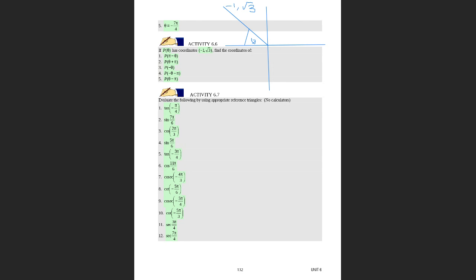Now they are looking for theta plus pi. Theta plus pi simply means that you are adding 180. So this graph is going to rotate 180, and it will come here. So this line is going to be theta plus pi.